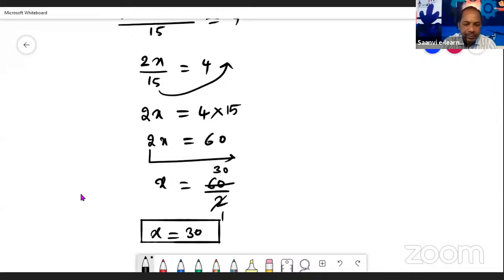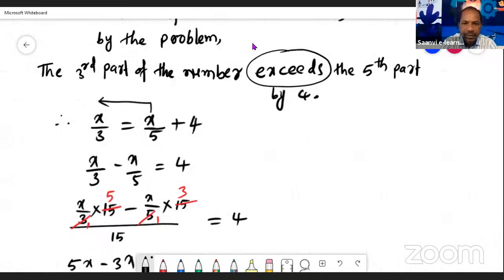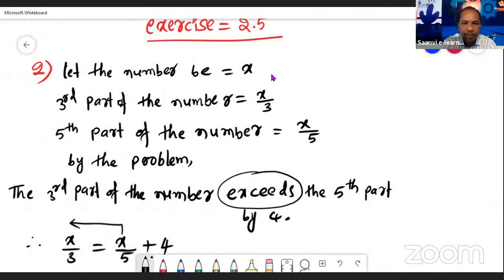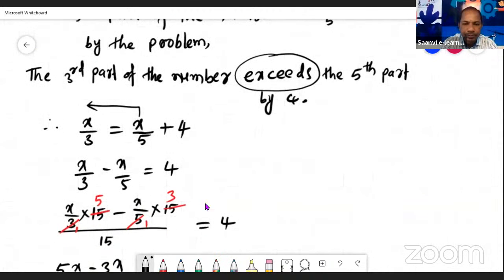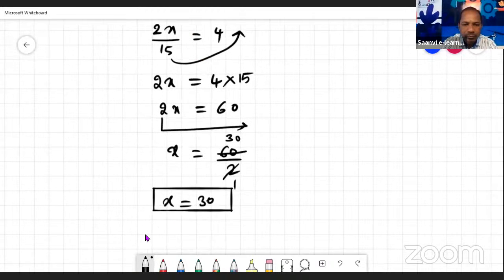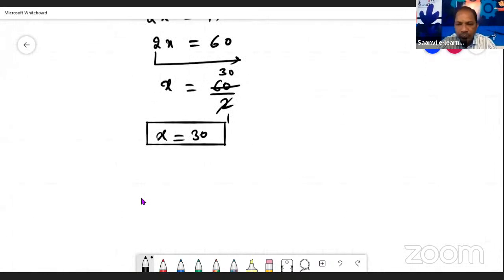But x means what have we taken? x means we have taken the number.